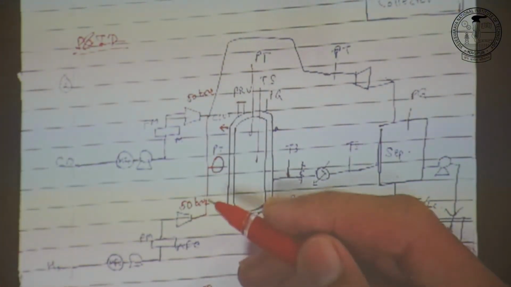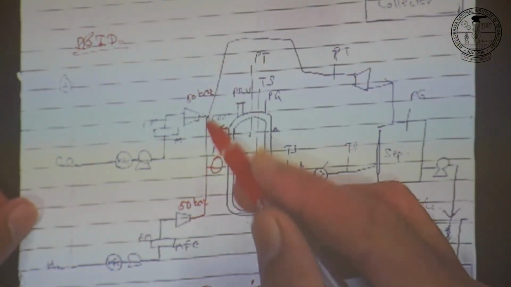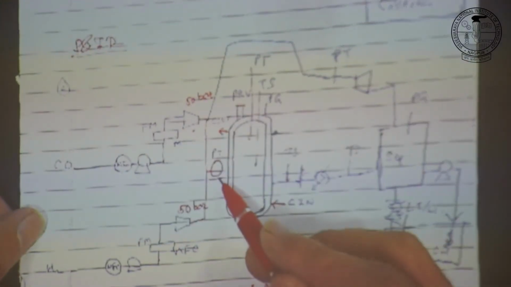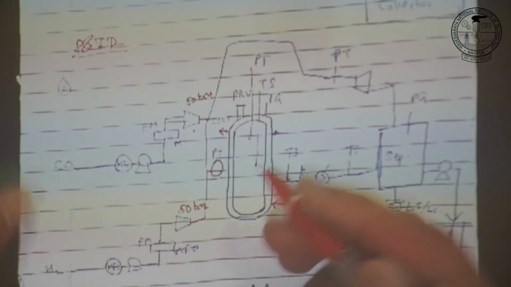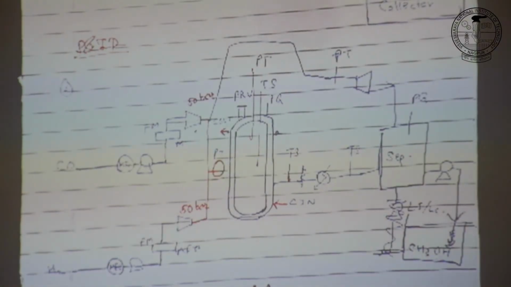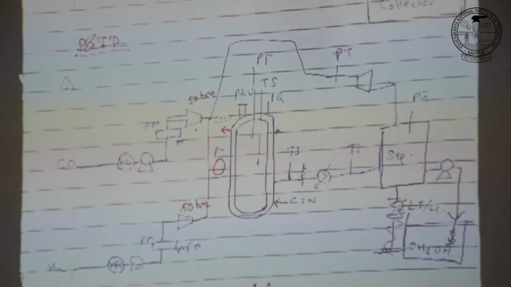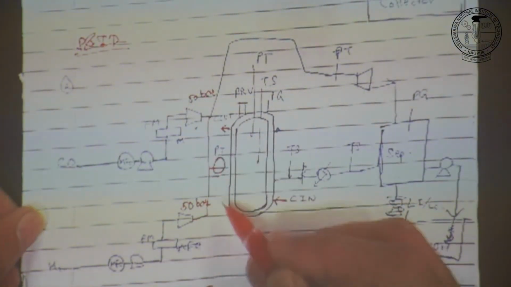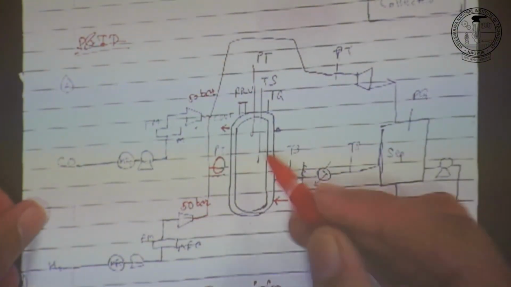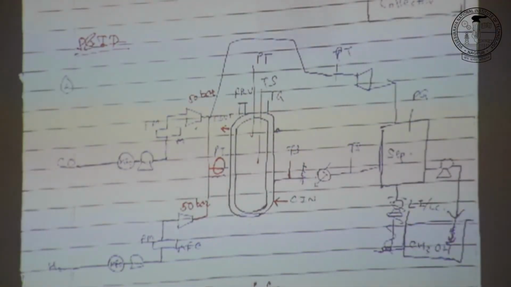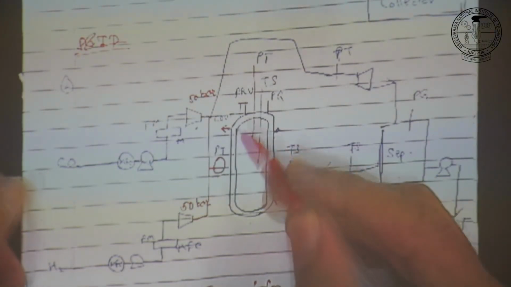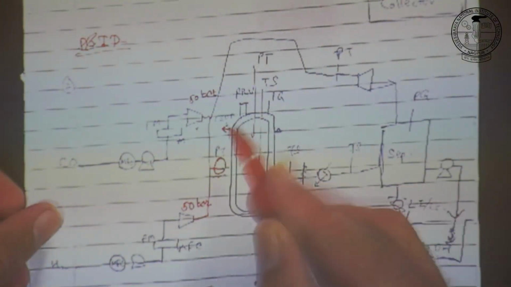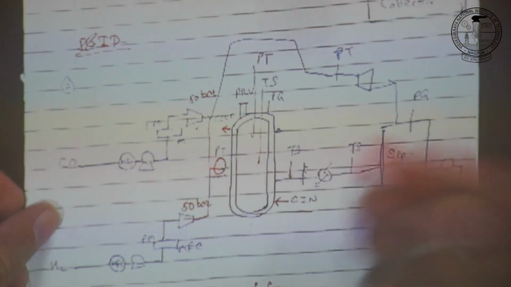Then it is compressed to 50 bar, and there is a pressure transmitter which indicates the pressure to the PID controller system or SCADA system that will manage the pressure. Then this compressed stream is sent to the reactor. The reactor is a jacketed reactor to cool down the reaction, since it is exothermic. So we have cooling water in and cooling water out for the reactor system.